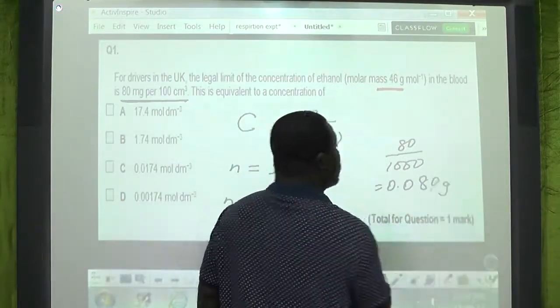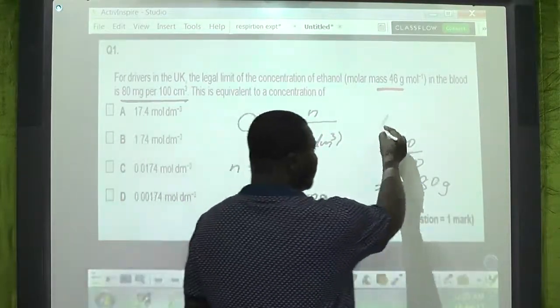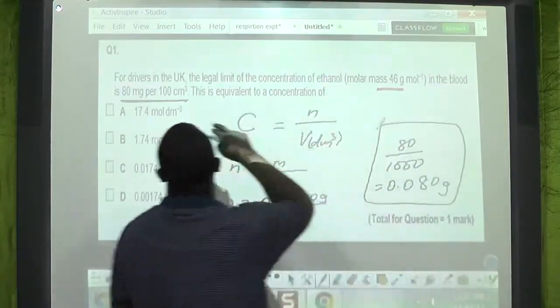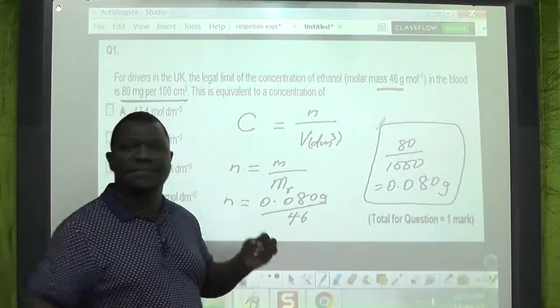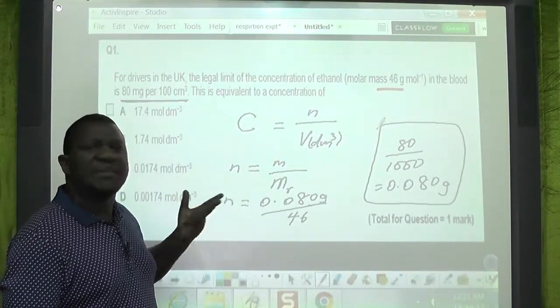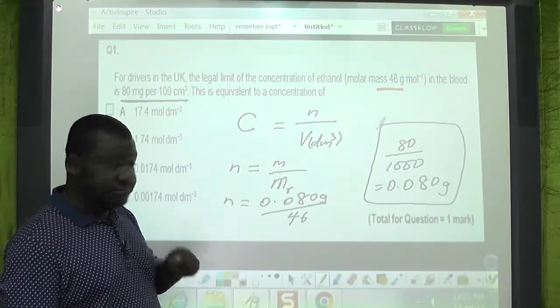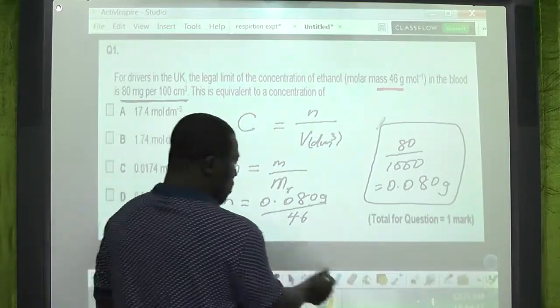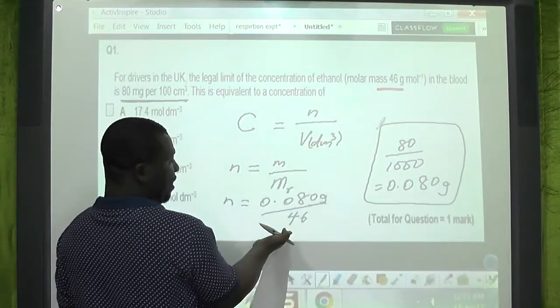If you don't convert that milligram to gram, you are going to make that fundamental mistake, and you see an option to pick. You come out from the exam and say the exam is easy, I got the option. Be careful.